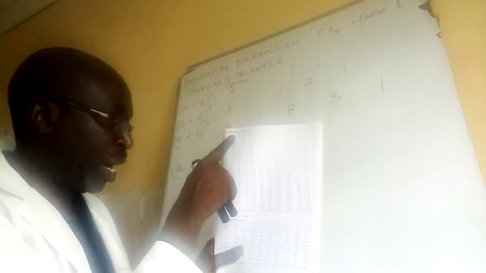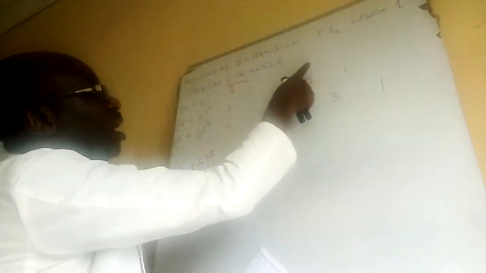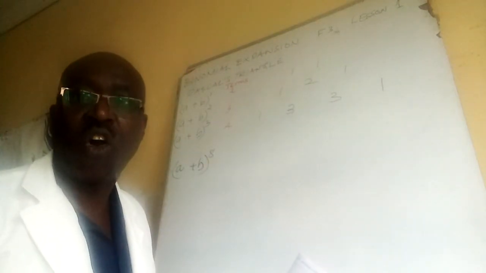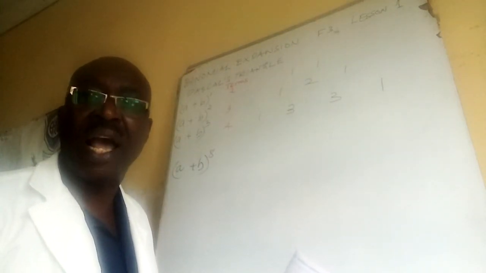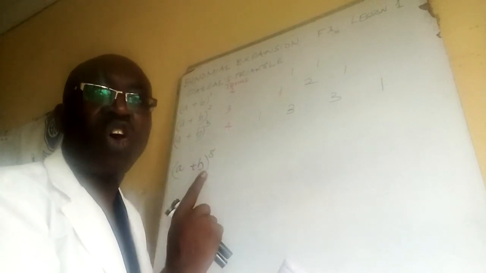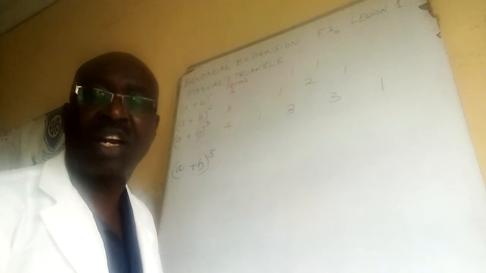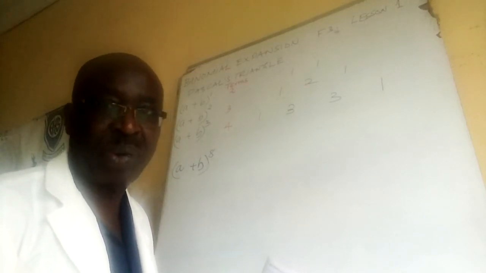They are called binomial coefficients. What I have here, these are binomial coefficients. They help you build up the expansion. They are not the expansion by themselves, but they are components of the expansion.